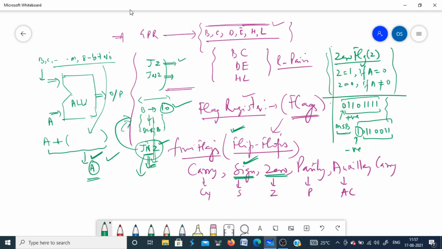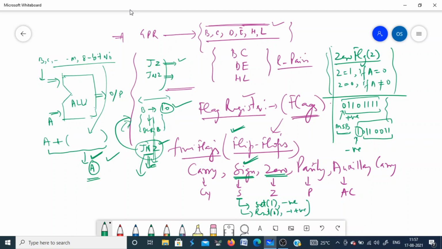And how do you check it? You just have to see the sign flag. If it is set, it means it is a negative number. If it is reset, that is 0, it is a positive number.